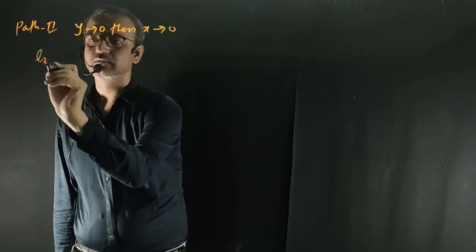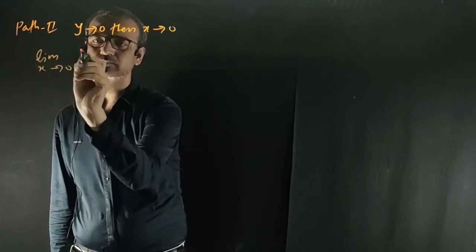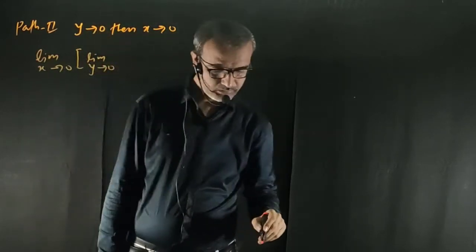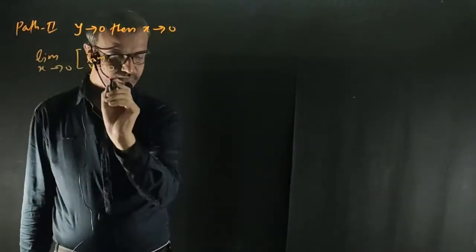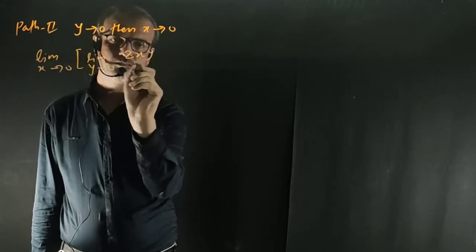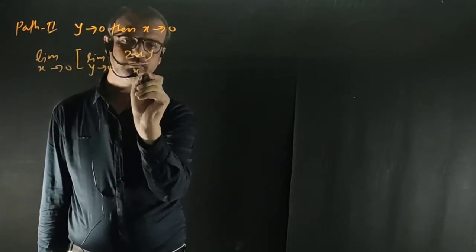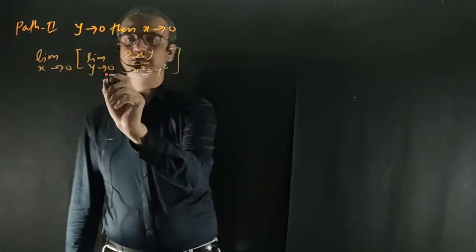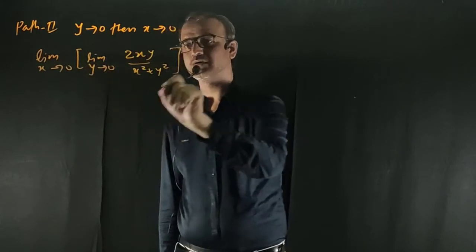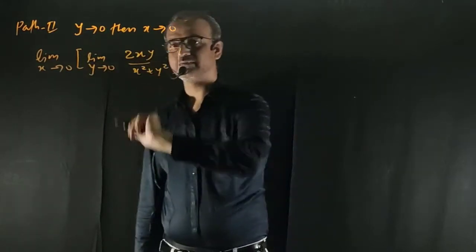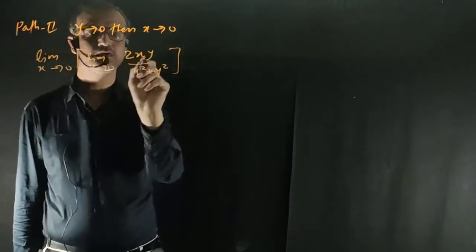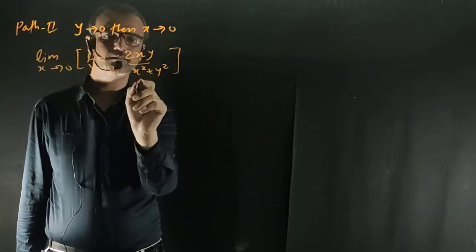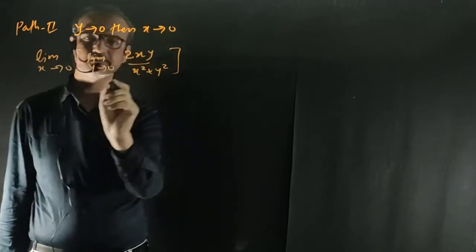So limit x tends to 0, limit y tends to 0, and the function is 2xy over x square plus y square. Now here we will find out the limit of this function first. So replacing y by 0, 0 multiplied by 2x, the result is 0, and divided by x square plus 0, so that is x square.